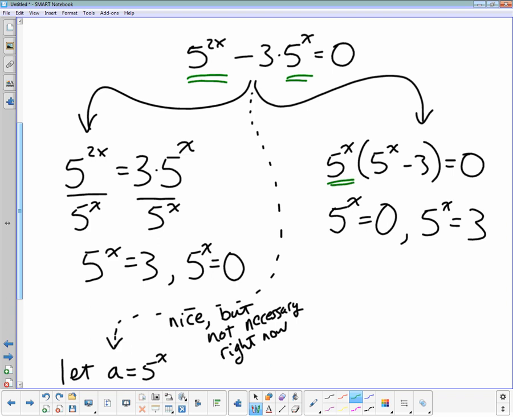Okay? So now, using our logs, a little bit of algebra, some arithmetic, we can find our honest to God answers. What is this equal to? What is x equal to here? Does this happen?